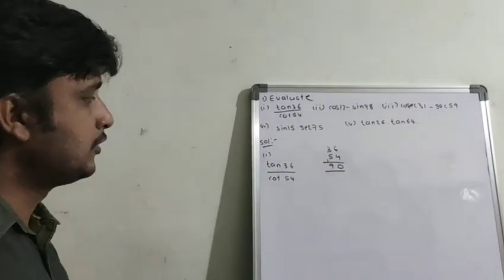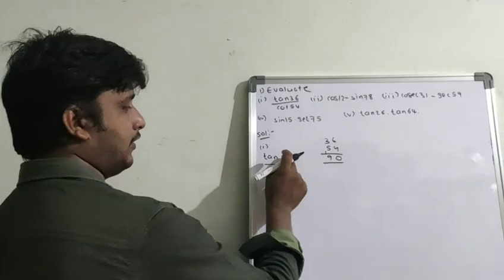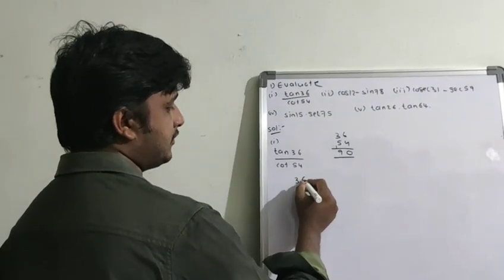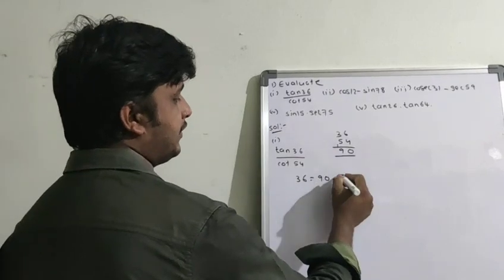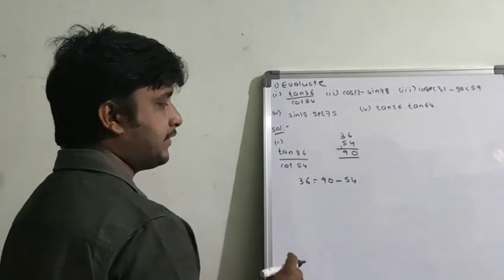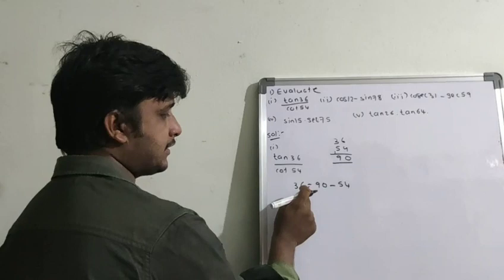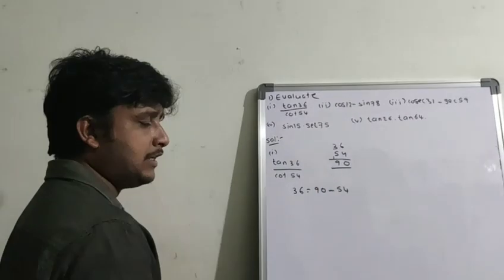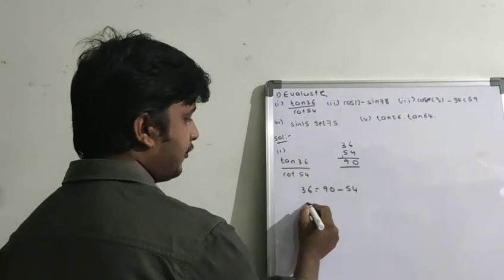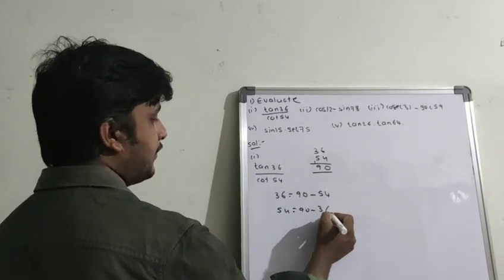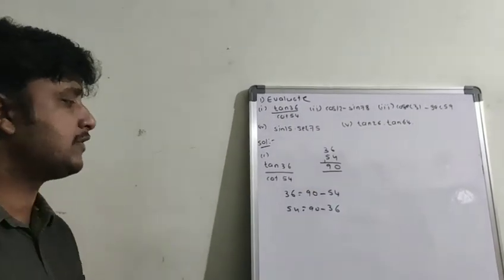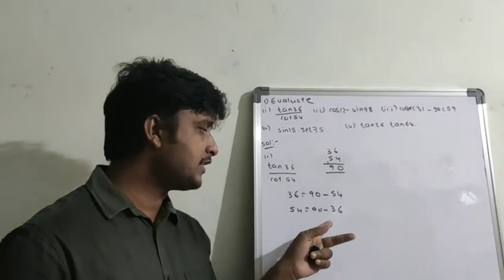Don't change both. So for example, 36 we can write as 90 minus, what is the next angle? 54. If you want to change the 36, you have to write 90 minus the other angle. If you want to change 54, you have to write 90 minus the above angle. If you do the subtractions, you will get the same: 90 minus 54 is 36, and 90 minus 36 is 54.